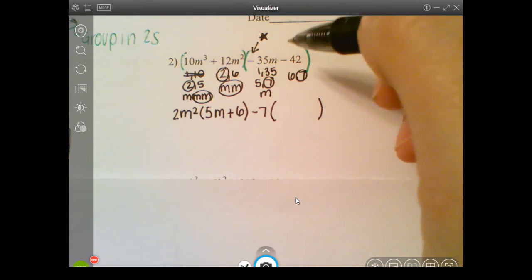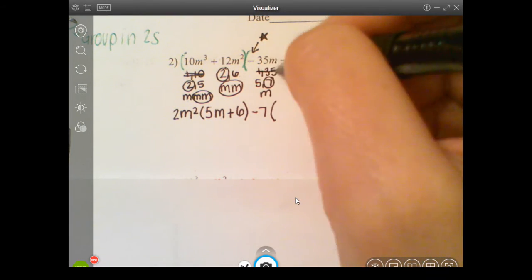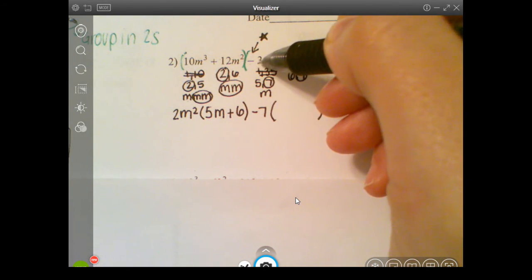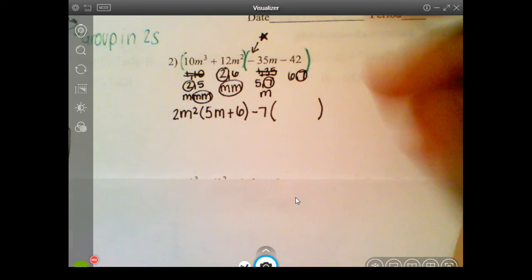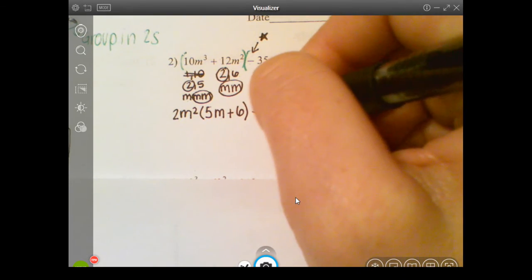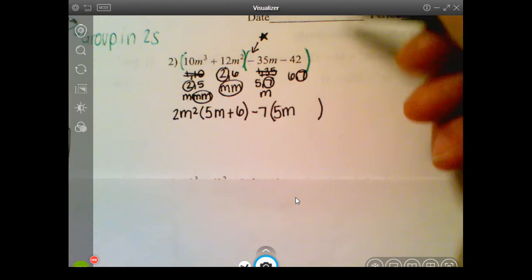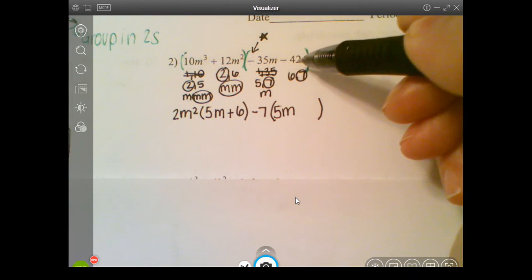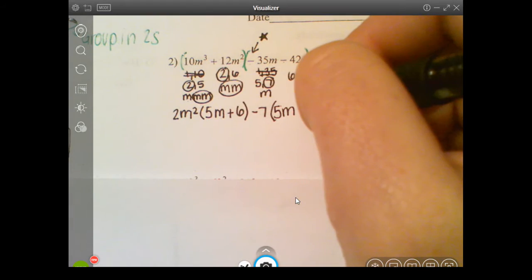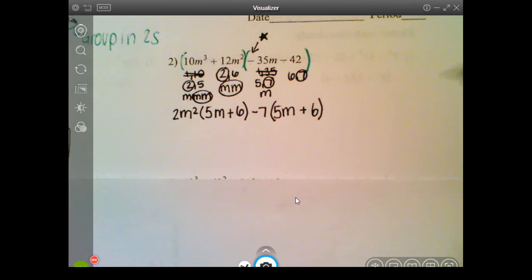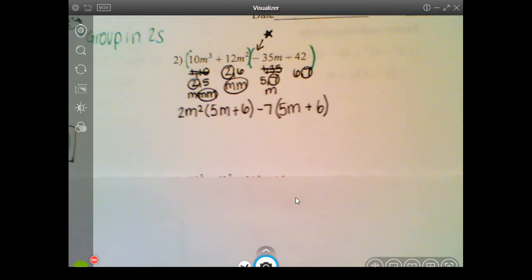So now when I divide, okay, I didn't use this one, so I can cross it off. I know it's a 5, but it's a negative 35 divided by a negative 7. So that gives me a positive 5. I didn't take the m, so I leave the m. And now this is a negative 42 divided by a negative 7. A negative by a negative is a positive, and what's left? 6.